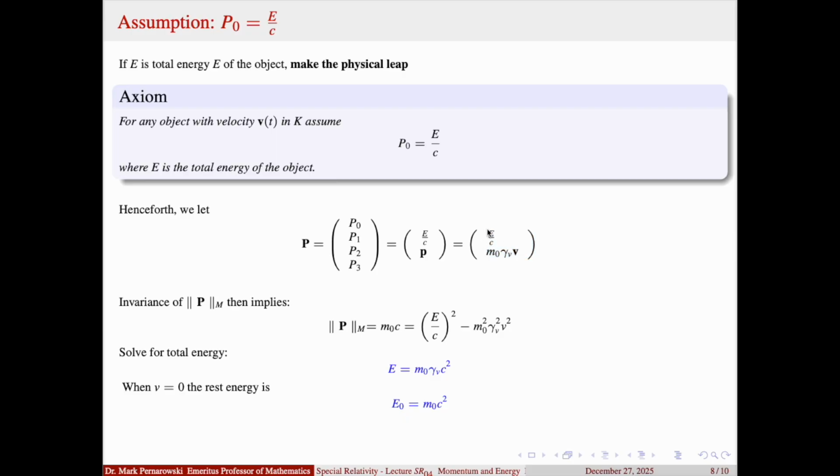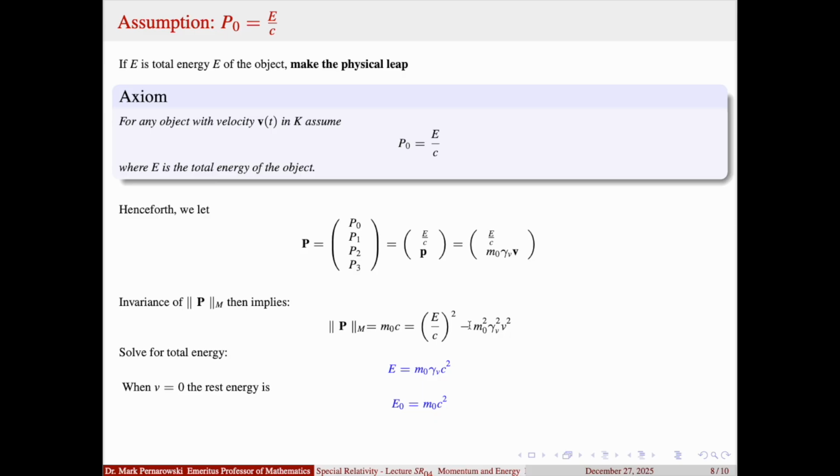The length of this thing has got to be equal to the value that we've just found, namely m naught c. Well, given this form, that's just this thing squared minus this thing squared. And now I've got an equation, this is equal to another expression on this side.